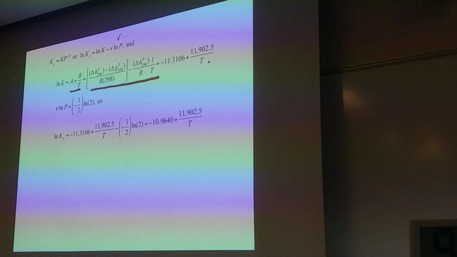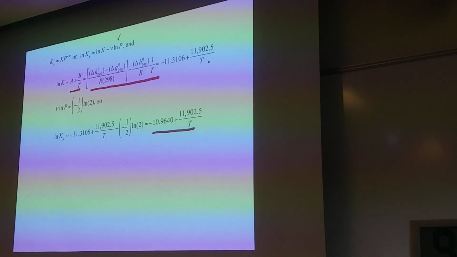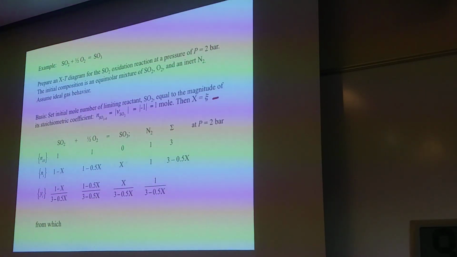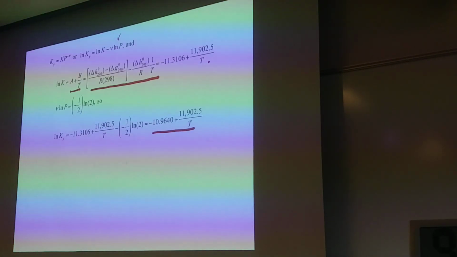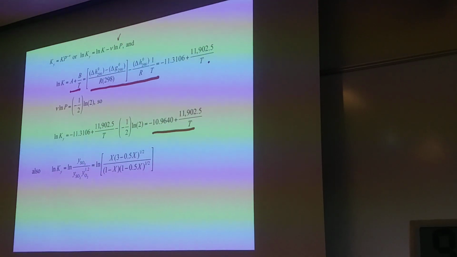And we put that together, then I've got log Ky looks like this. And then I can put the expression for log Ky based on my previous stoichiometry table here, and that looks like this.